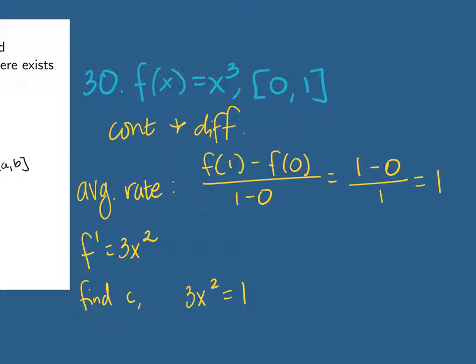So I'm going to divide both sides by 3. I get x squared is equal to 1/3. Then we take the square root, so x is equal to plus or minus the square root of 1/3, which is equal to plus or minus 1 over square root 3. You don't have to rationalize. Now, are both of these numbers inside my interval?